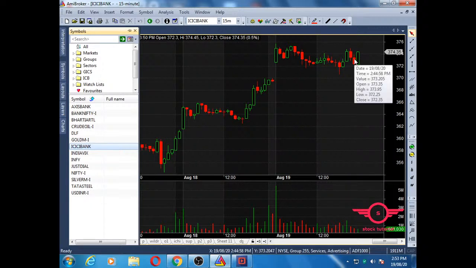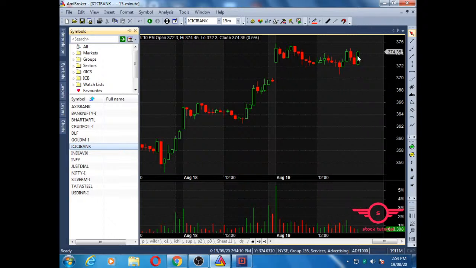Here it crosses the high of 373 right now. These also apply. This candle just crosses the previous candle high, and then there is a move. You can hold up to 2 candles.